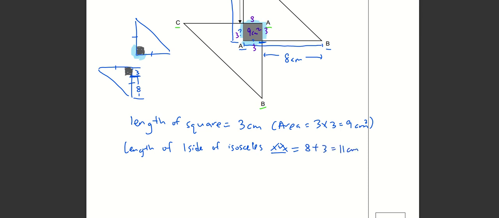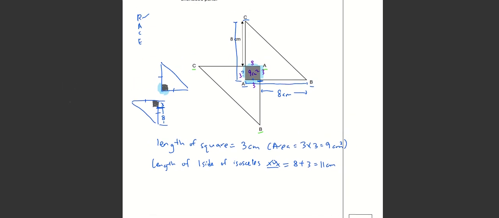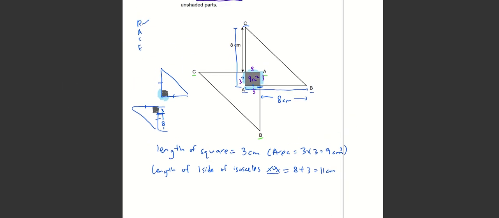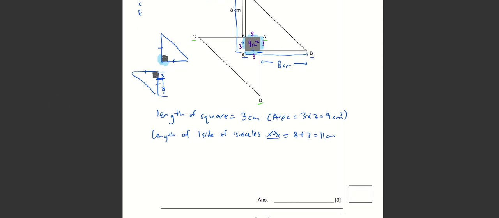So looking at ABC now, I have these two triangles. I'm actually able to get the area of the two triangles. So let's say I find the area of these two triangles.